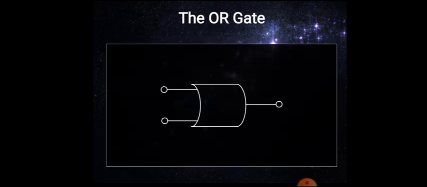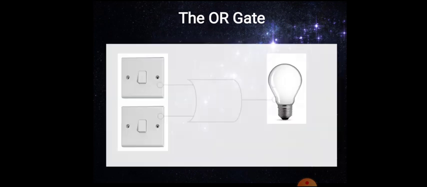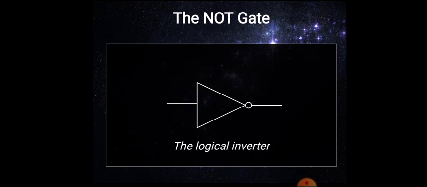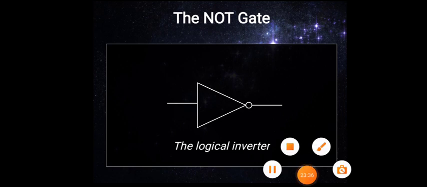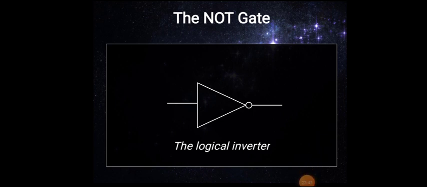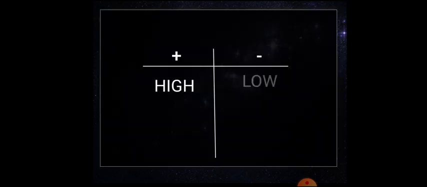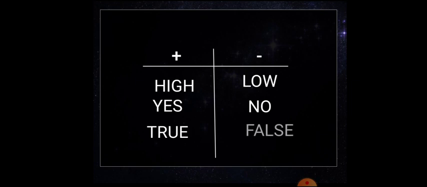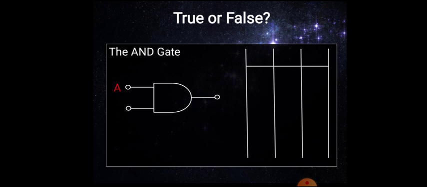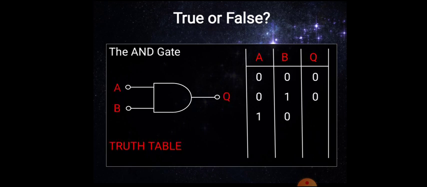This is the AND gate symbol, this is the OR gate symbol, and this is the NOT gate symbol. The NOT gate is also called a logical inverter because it changes the input to its opposite. Suppose we give high, the output is low; yes means no, true means false, 1 means 0.